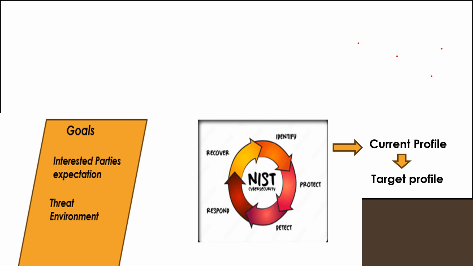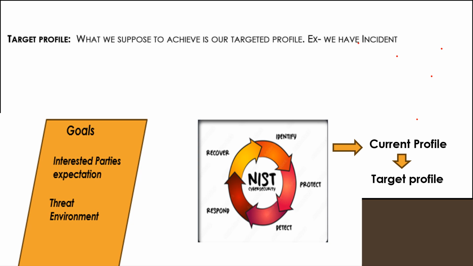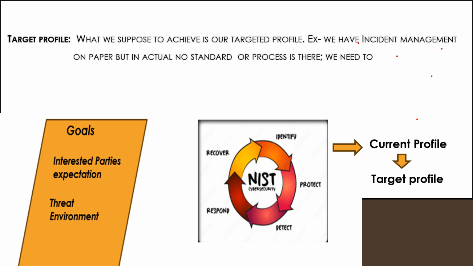Coming to the next slide, which is about the target profile. What is target profile? What we are supposed to achieve is our target profile. For example, we have incident management on paper, but in actual there is no standard or process. We need to streamline the ground level tasks.